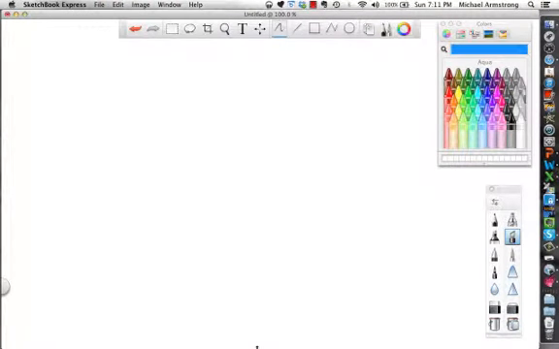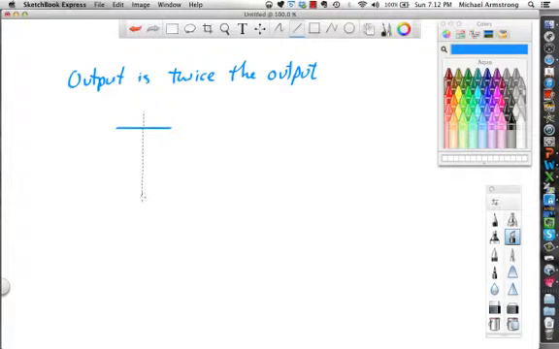One of the other examples is the output is twice the input. And I'm going to show you a different kind of table. It's the T-chart that I like to use. Because it saves handwriting a little bit, saves the drawing of the boxes.